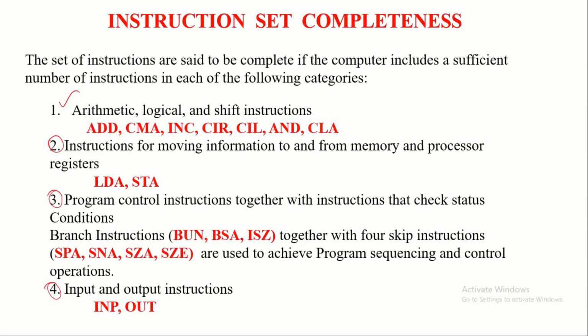Coming to the basic computer's instruction set, in the arithmetic, logical and shift category, the instructions that perform add memory word to accumulator, complement accumulator, increment accumulator, circulate right accumulator and E bit, and circulate left accumulator and E bit.